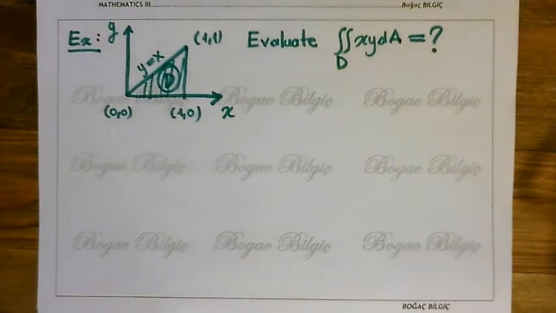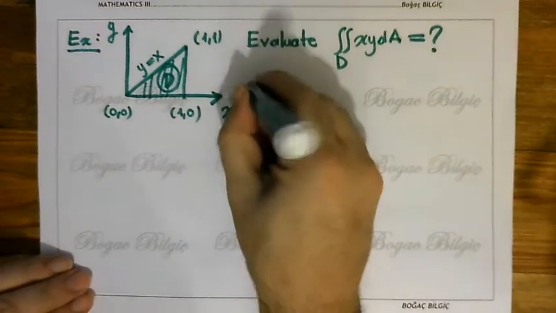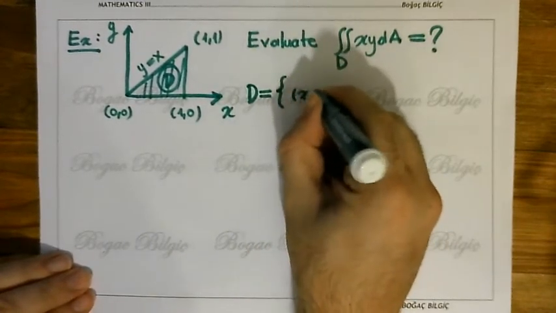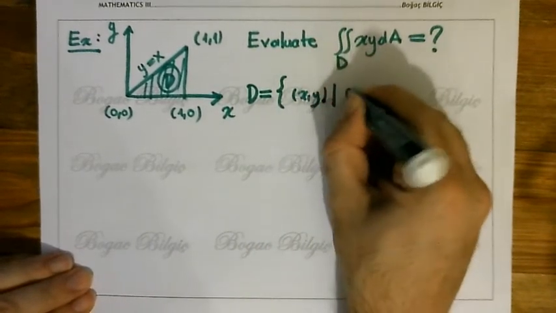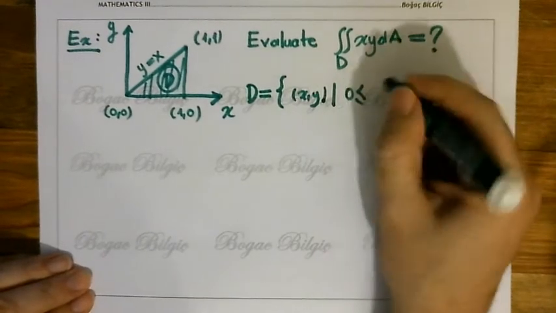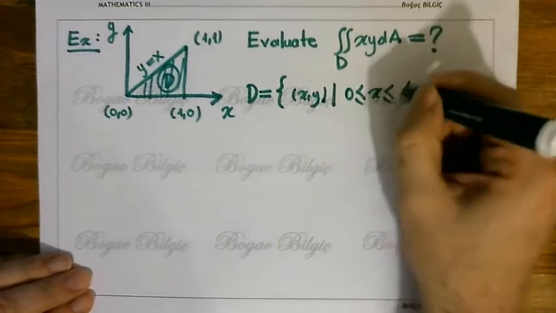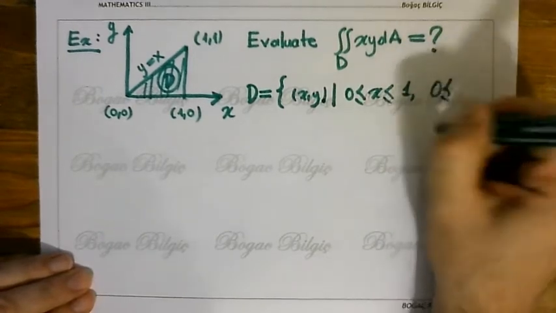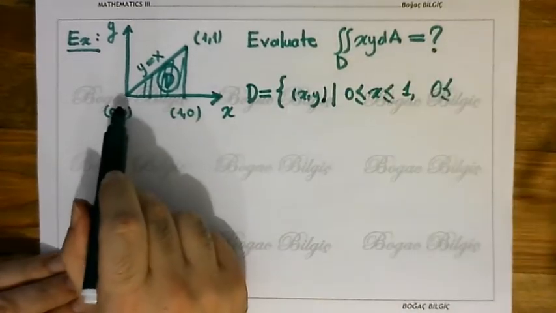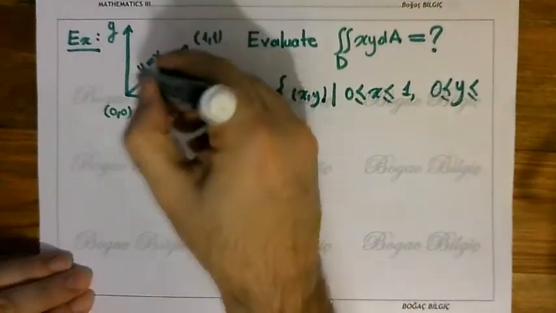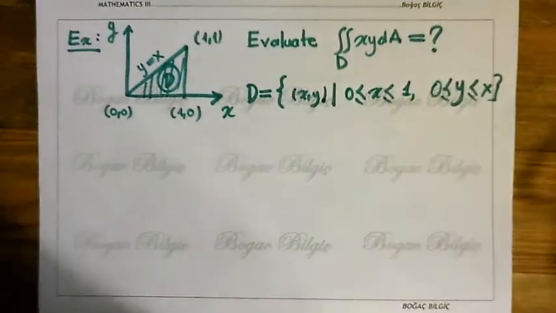We see that D can be viewed as a y simple region. That is, D is the set of (x, y) such that 0 is smaller than or equal to x, which is smaller than or equal to 1, and 0 is smaller than or equal to y, which is smaller than or equal to x.